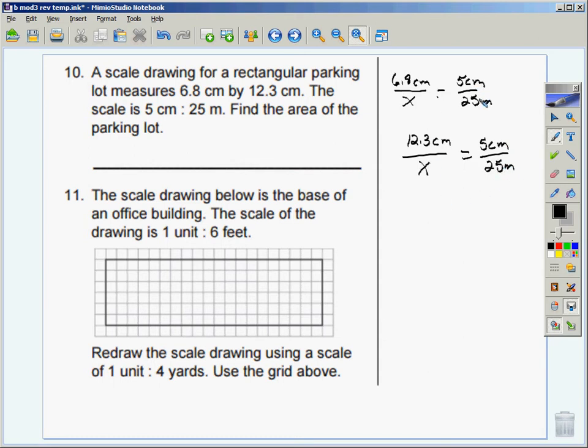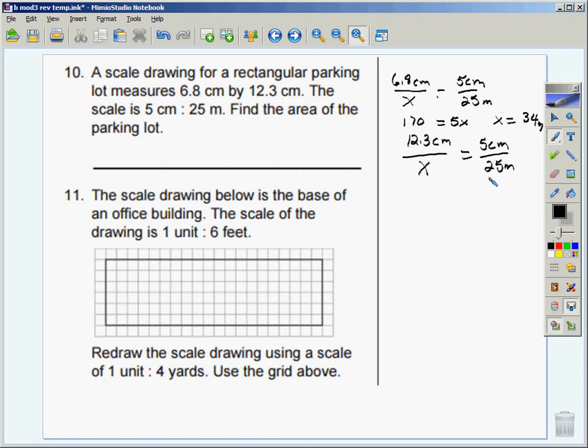When I cross multiply, this would give me 25 times 6.8, which would be 170, is equal to 5x, and I would divide both sides by 5. This would be 34 meters.